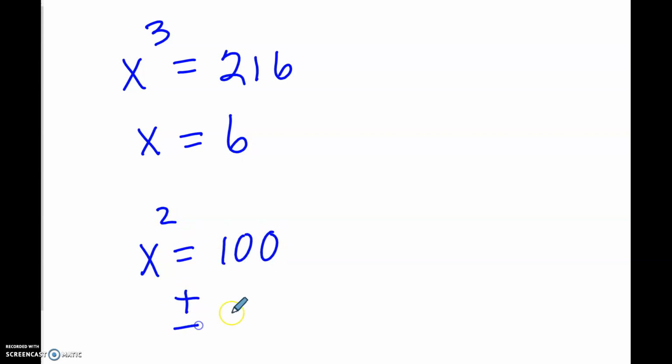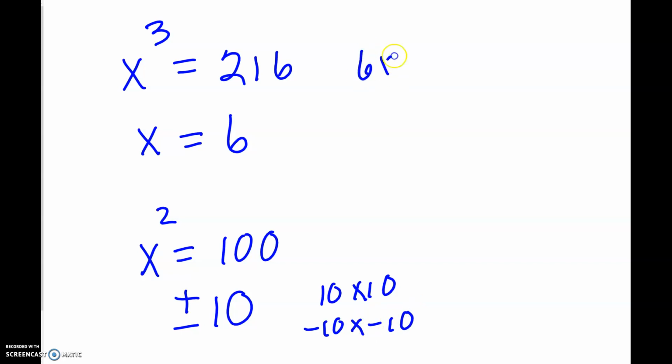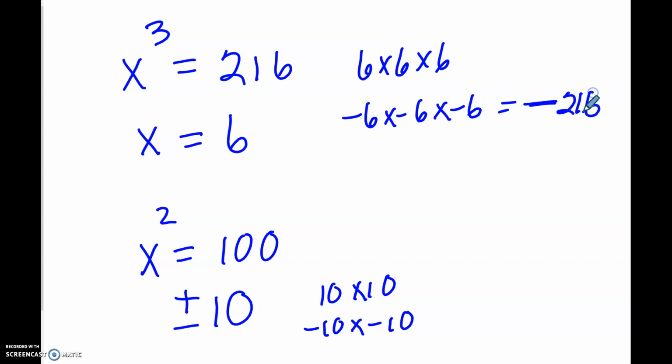It's plus and minus 10. So when you have square roots, it's 2 answers, plus 10 and minus 10, because 10 times 10 and negative 10 times negative 10. This one is 6 times 6 times 6, but if you did negative 6 times negative 6 times negative 6, this is negative 216, and that's not what we want. We wanted a positive. So that's why this one only has 1.